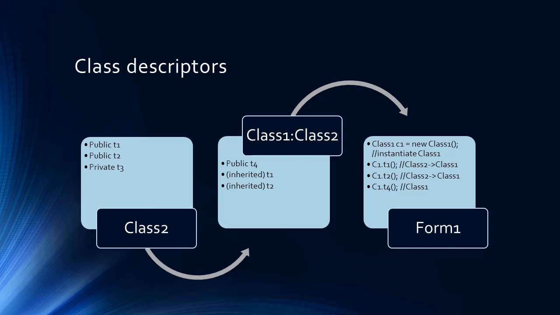C1.T2, again, class 2 is inherited by class 1, so when we instantiated class 1, it also automatically collected items from the class 2 item. And then C1.T4, class 1 will automatically, of course, be instantiated, and as that, it will be picking up T4.